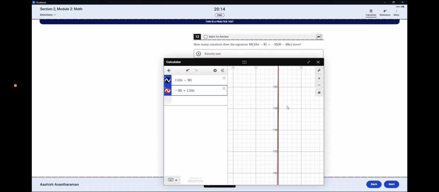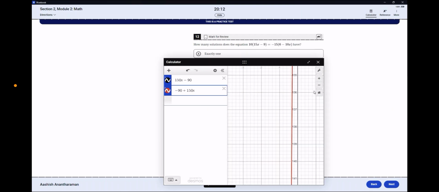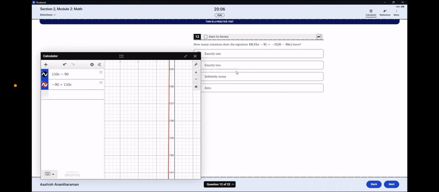So the reason you only see one here is because they're the exact same. So as you can see, if you look at the decimals right here, they're the exact same equation. So you're going to have infinitely many solutions.